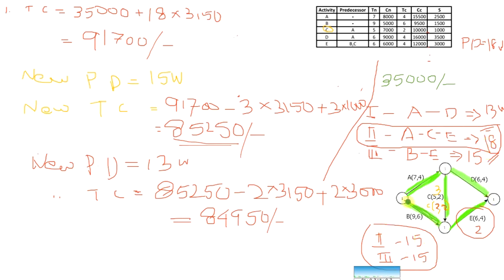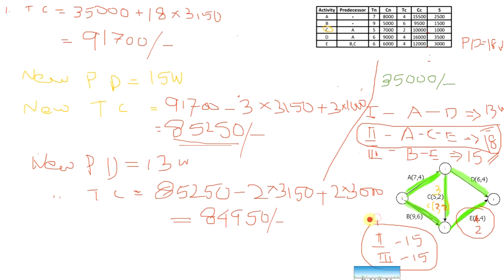And A, B, E also is 13, because 9 plus, what will be this value? It will be 4. So 9 plus 4 is equal to 13.